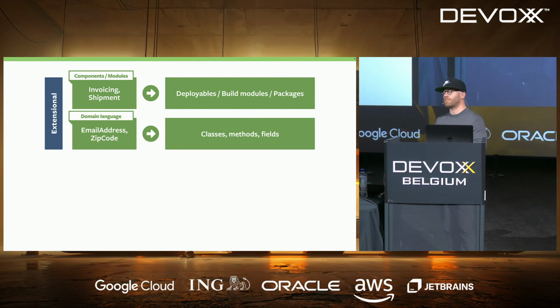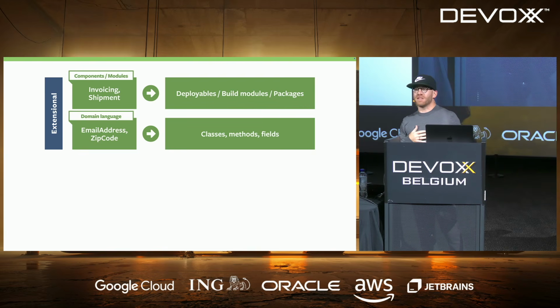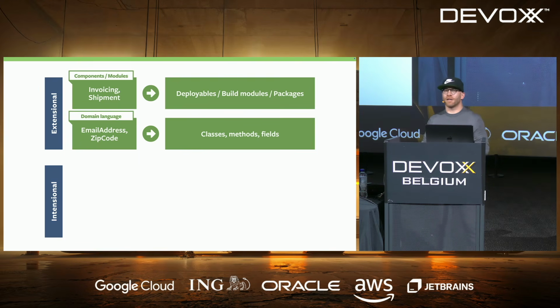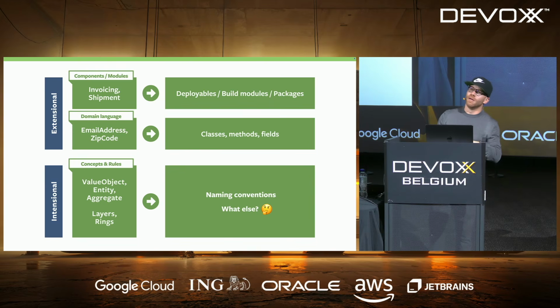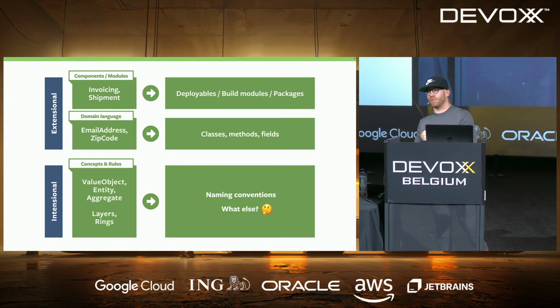The domain language is something, for one, extensional, and for the other, or as a consequence of that, easily, quote unquote, representable in our actual code bases. So if there's the easy part, then there's probably a complicated part as well, which is the intentional elements. Meaning we're not defining by enumerating things, but by defining a concept and attaching rules to that concept, so that those concepts are ubiquitously applied to our code base.